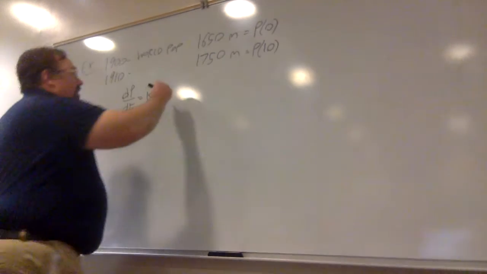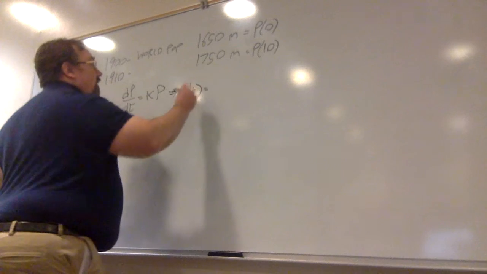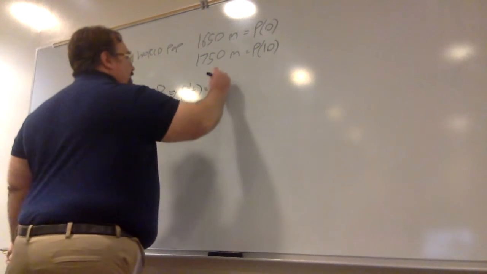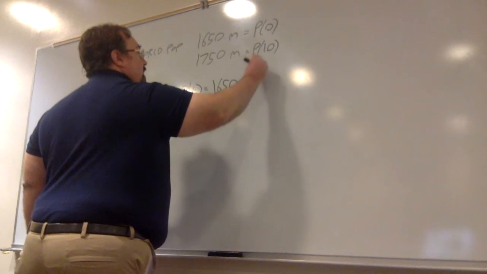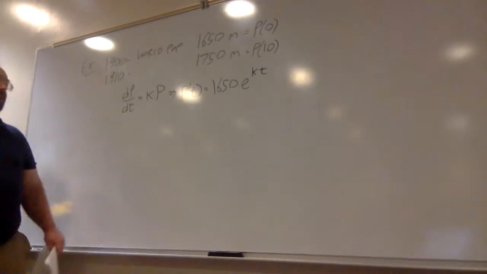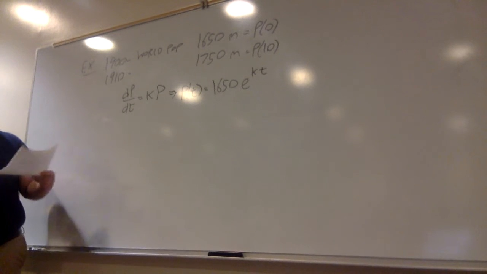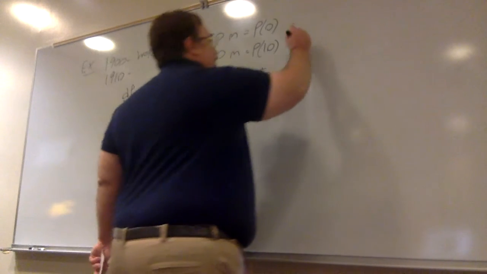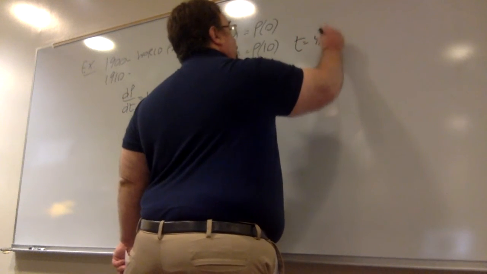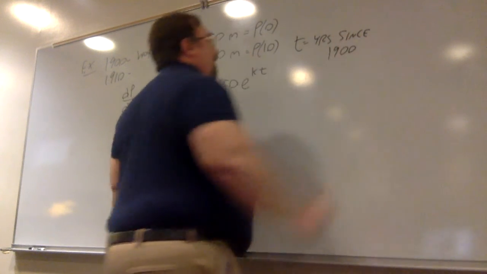So the solution is equal to the initial value, 1650, so population will be in millions, times e to the kt. So the idea is we're going to use this additional information of population in 1910. So t is equal to years since 1900.